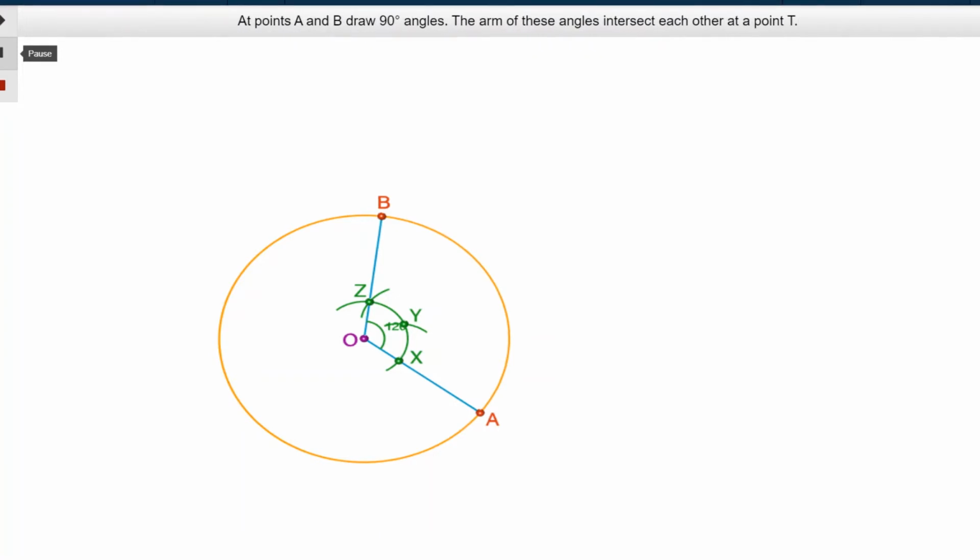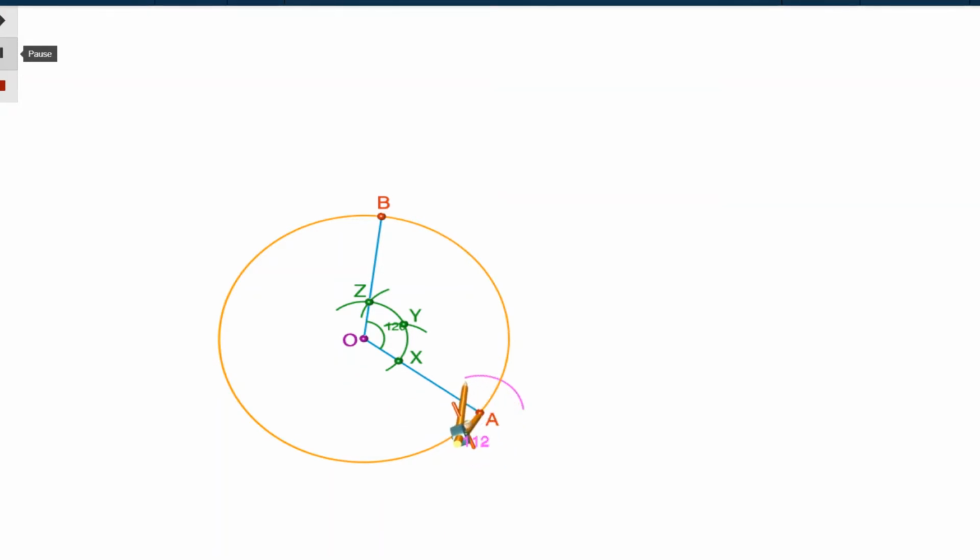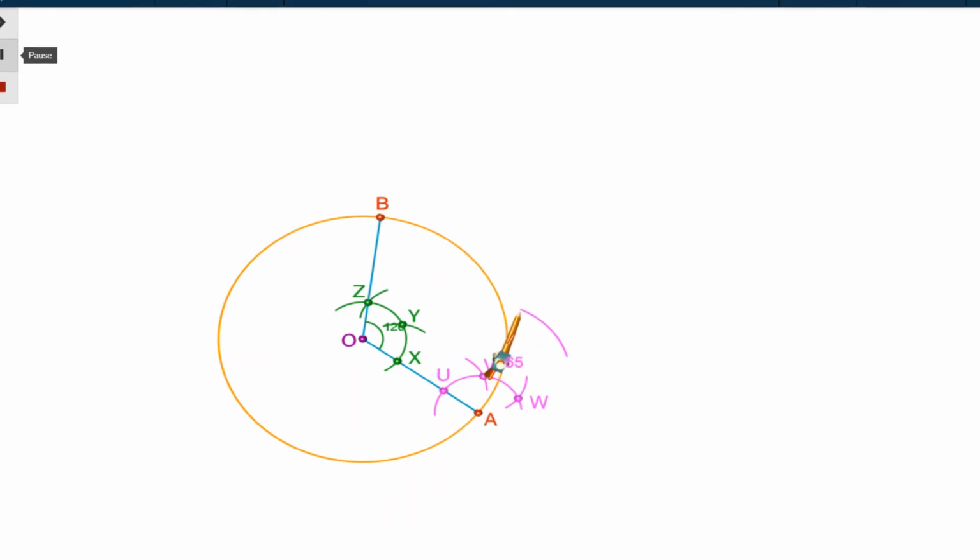Then we have to draw 90 degree angles at A and B. So at A, draw a 90 degree angle. With center A and any convenient radius, draw an arc which intersects the line OA at some point, say U. With U as center and the same radius, draw another arc which intersects the previous arc at V. Then with center V and the same radius, draw another arc which intersects the first arc at W. Then with centers V and W, draw arcs which cross each other.